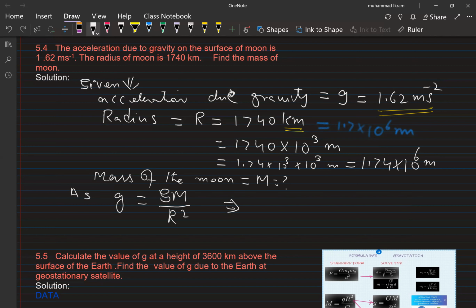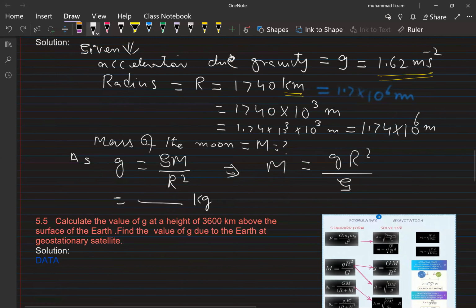So the mass of the moon will be g R square divided by G, right? So you have all the values, and the answer will be in kilogram, because mass is measured in kilogram. It is the logical solution. Checking now, the next one.